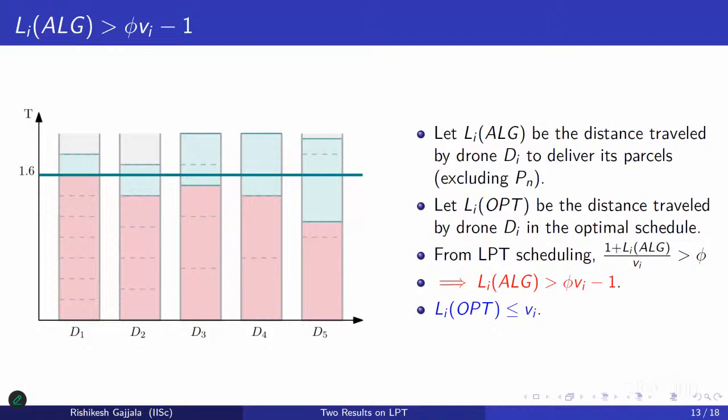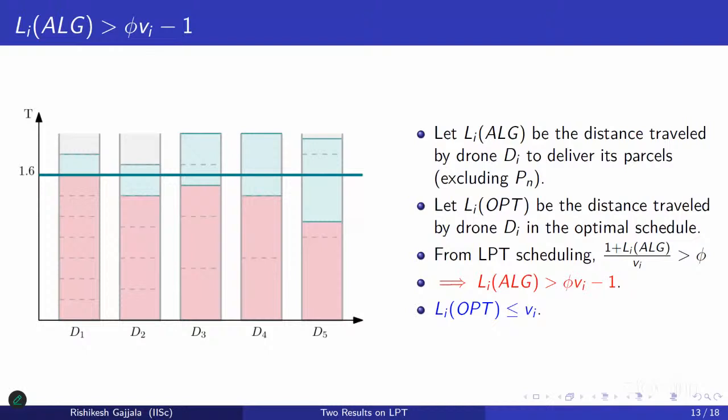I know that had I added the last parcel, which was of size exactly 1, to any of the drones, then it should have exceeded 5 times whatever is the optimal. Otherwise, I would have assigned it there in the beginning. So we know that (L_i^ALG plus 1) divided by v_i is at least 5. And by just rearranging the terms, you get that L_i^ALG is at least 5 times v_i minus 1.